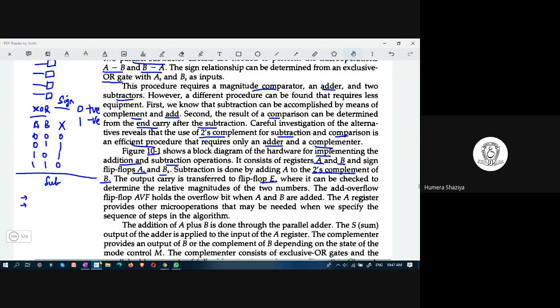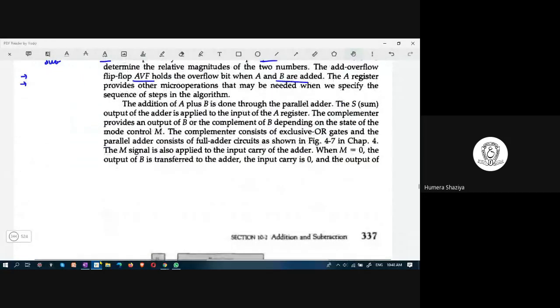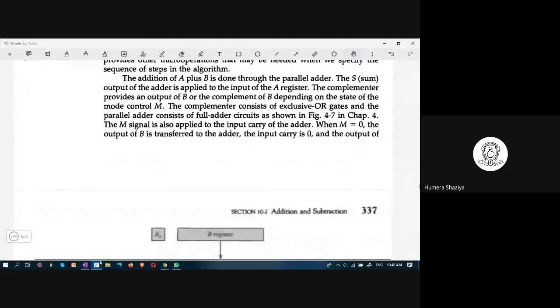The add overflow bit AVF holds the overflow bit when A and B are added. The A register provides other micro operations that may be needed to specify the steps. Now the addition of A plus B is done through the parallel adder. The sum, which is the output of the adder, is applied to the input of the A register. The complementer provides the output of B or the complement of B, depending on the state of the mode control.